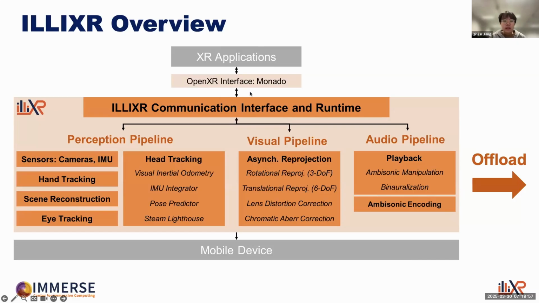Then there's an interface that ensures the application can communicate with the runtime. In our case, we use the OpenXR interface, and we use the open source implementation of OpenXR, Monado.